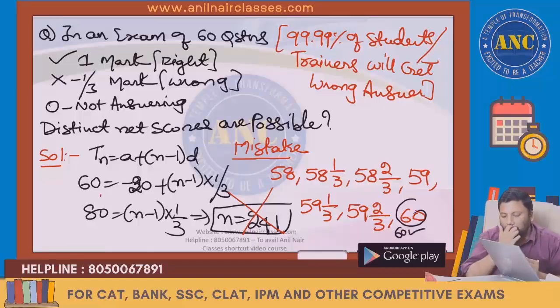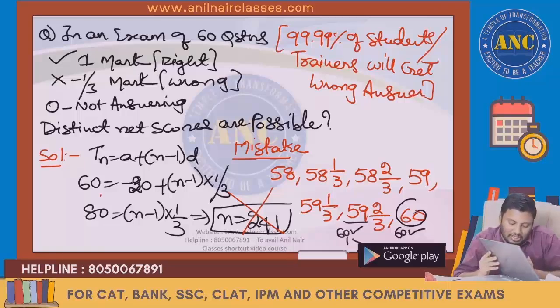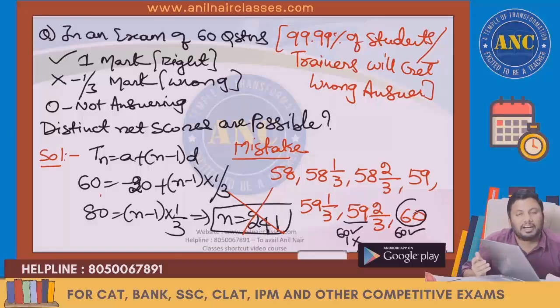Now 59 2/3: is this case possible? It means 60 right, 1 wrong. 1 wrong means 1/3 down, 60 minus 1/3 is 59 2/3.